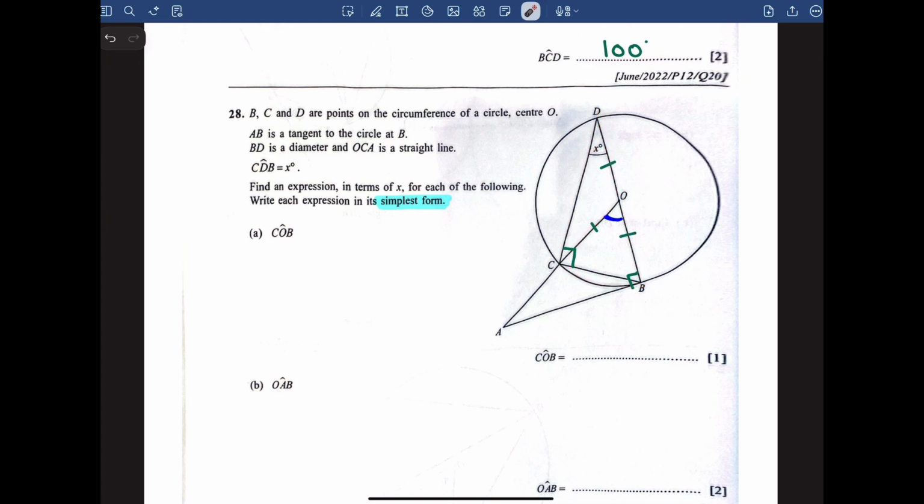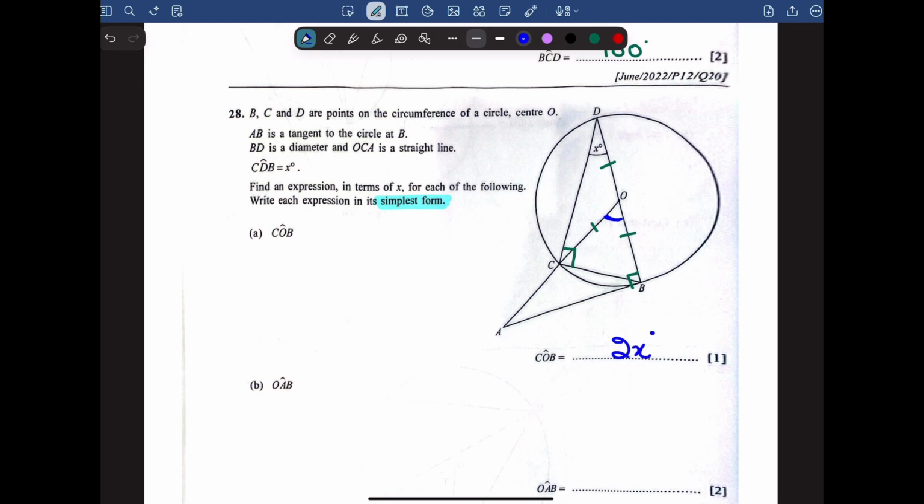So if the angle at the circumference is x, you know that the angle made at the center is twice the angle made at the circumference. So this is going to be 2x. Look at the ends of the arc making an angle at the center, and the same ends are making an angle at the circumference. So if this is x, double this value would be the angle at the center. So COB is going to be 2x degrees.